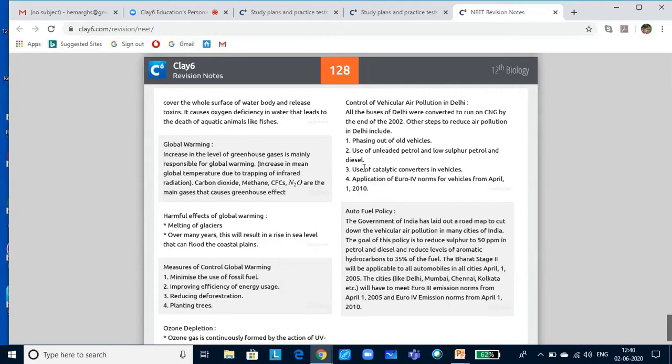Now, two terms you have to know are biochemical oxygen demand, or biological oxygen demand, and chemical oxygen demand. Biological oxygen demand is the amount of oxygen used for biochemical oxidation by microorganisms in a unit volume of water.